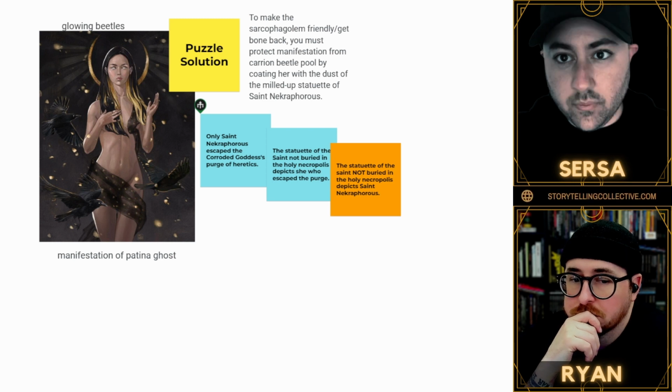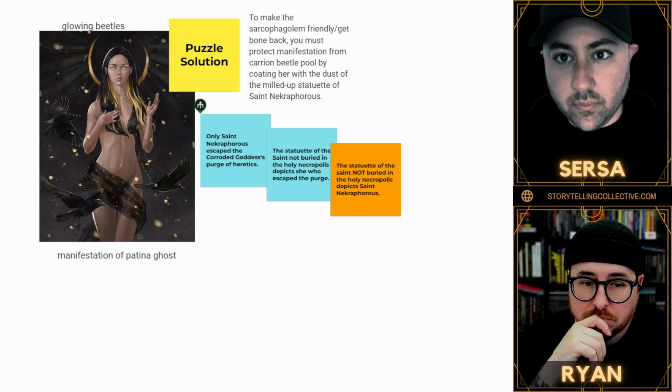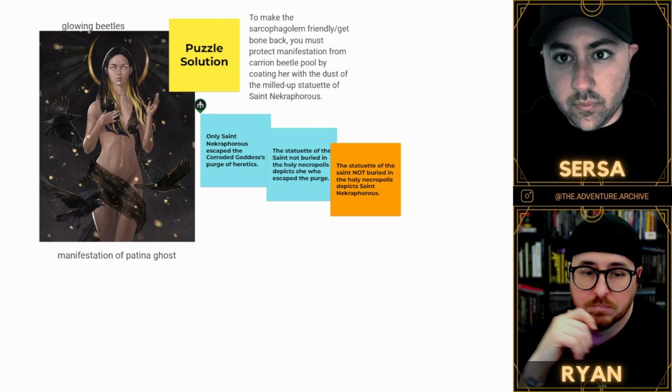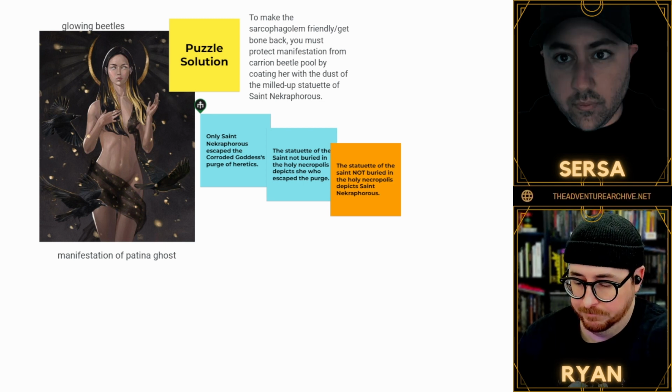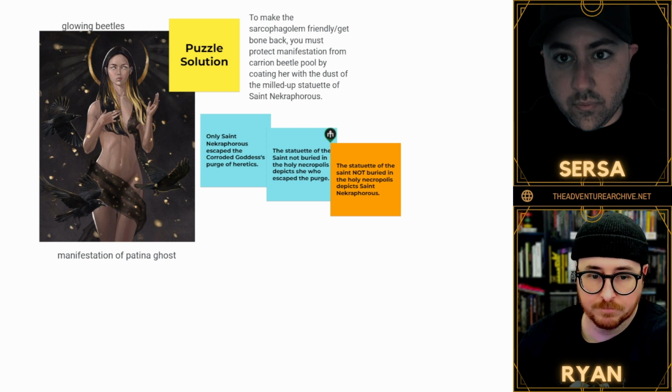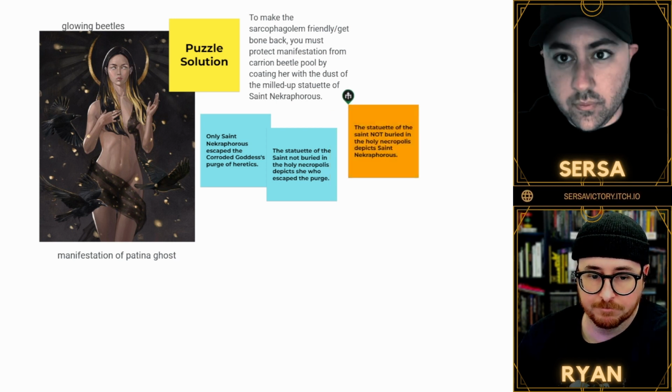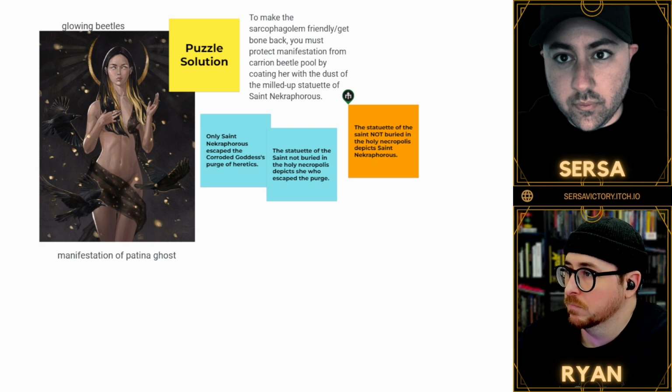There'll be a clue somewhere else in the dungeon that reveals the statuette of the saint that was not buried in the Holy Necropolis that depicts the one who escaped the purge. And then that's what will lead the players to this conclusion, which they can then use to solve the puzzle with our Patina Ghost manifestation.